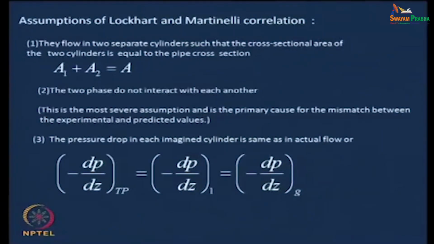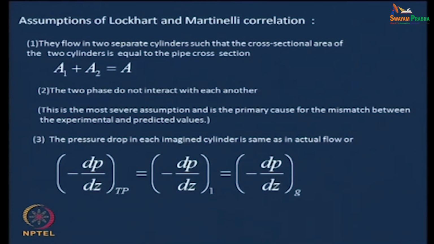But before we go through that, the thing I told you in the last class was that the correlation was based on certain assumptions. If you remember the assumptions we already discussed, the first one is fine. The only thing is that we assume that both phases flow in two separate cylinders such that the cross sectional area of the two cylinders equals the pipe cross section. Now, remember one thing: even for stratified flow we can assume they are more or less cylindrical, but definitely in annular flow we cannot assume it.